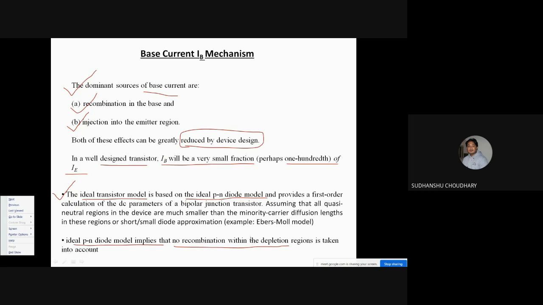Okay. So one of these ideal BJT or transistor models is the Ebers-Moll model. So we will read Ebers-Moll model later on, but let us understand that this is one of the ideal transistor model approaches, and this Ebers-Moll model will give you a DC equivalent model, or large signal equivalent model, of this bipolar junction transistor.